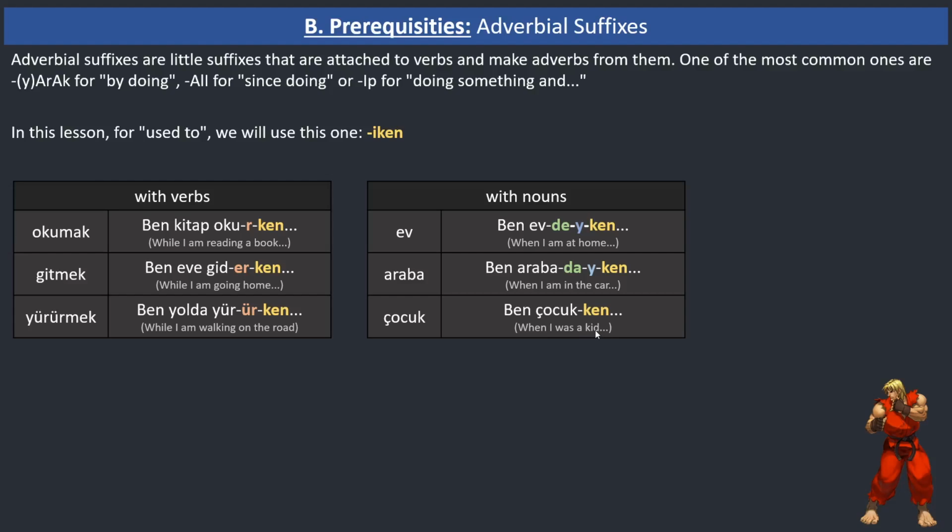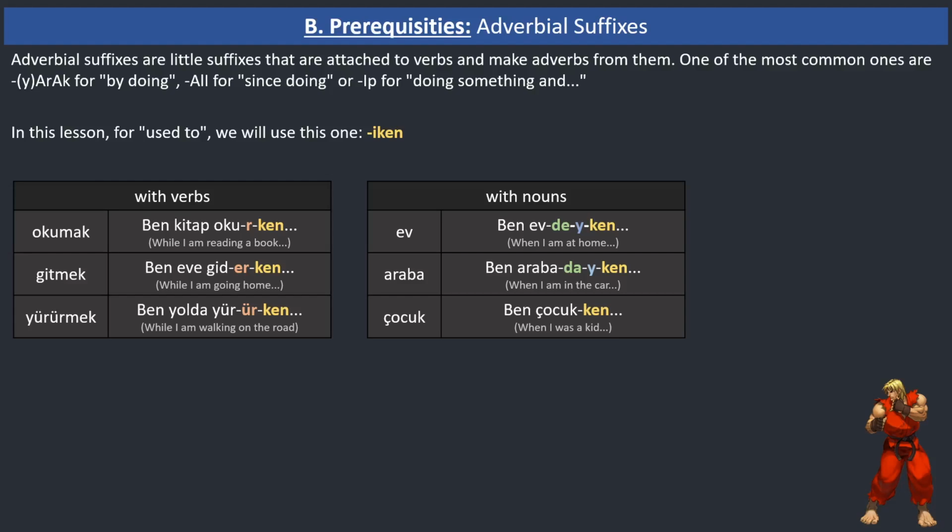You can also say a sentence about the future. Like, "I will do that when I am at home." So, ben evdeyken yapacağım. The main verb yapacağım is for the future. So ken implies that I will be at home, and when I am at home in the future, I will do it.